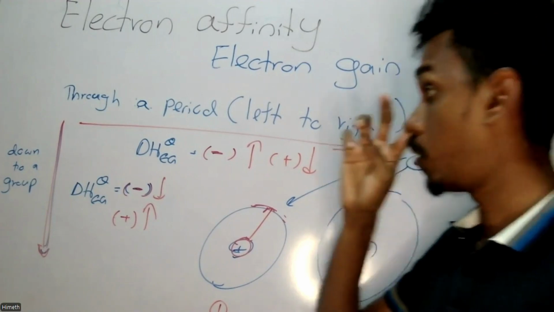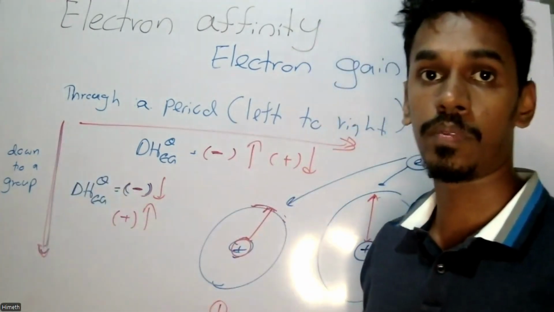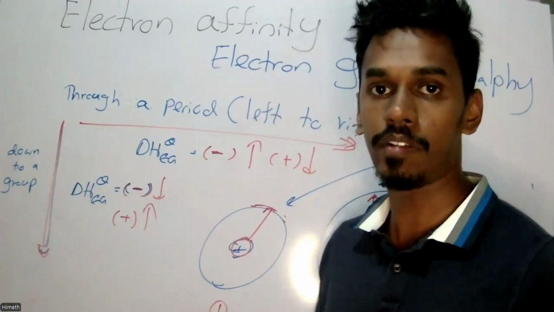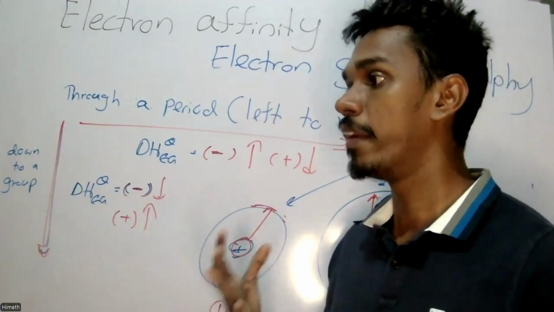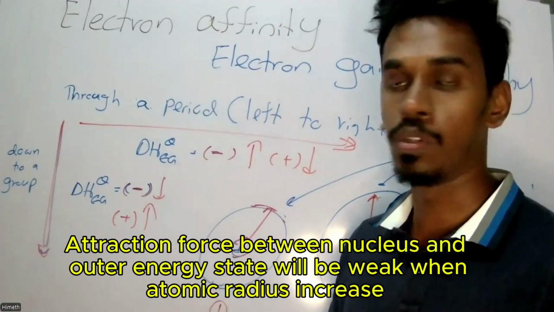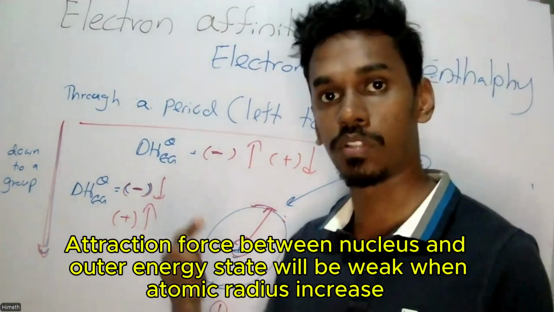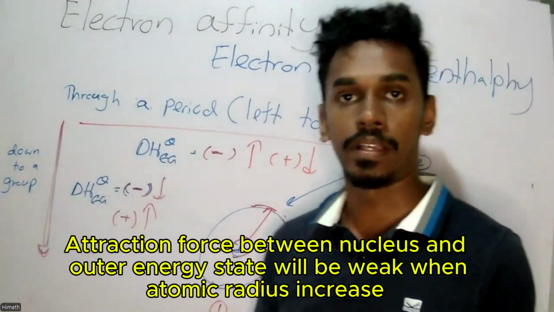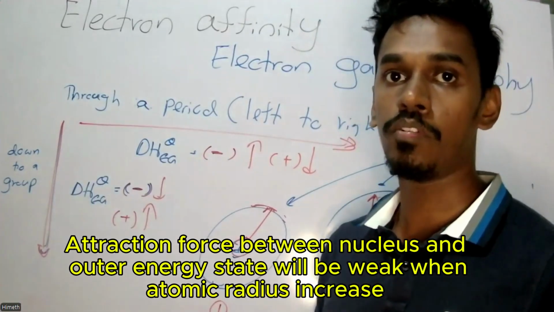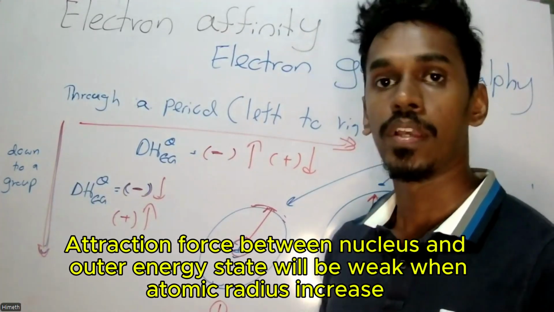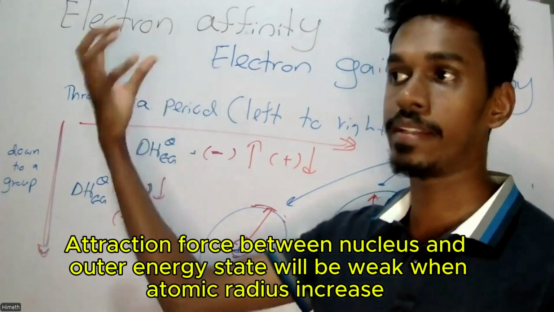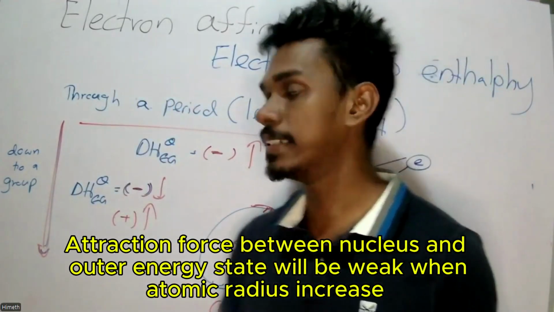When we talk about going down a group, the atomic radius will increase. So the distance between the nucleus and the outer energy state will also increase. So that means the attraction force of the nucleus to the electron will also be weak. So we have to give more energy to attract that electron to the energy state.